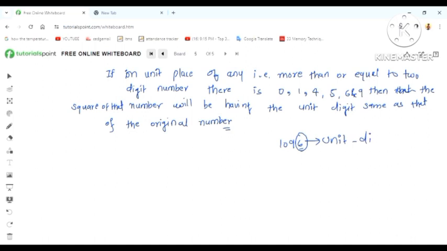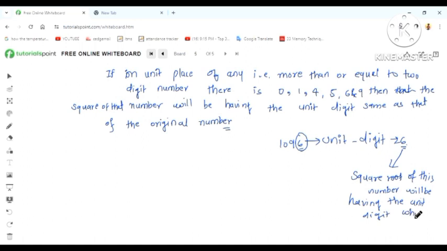Now that means the square root of this number, I will tell you what is square root, just wait for a moment, the square root of this number will be having the unit digit which is 6 only.